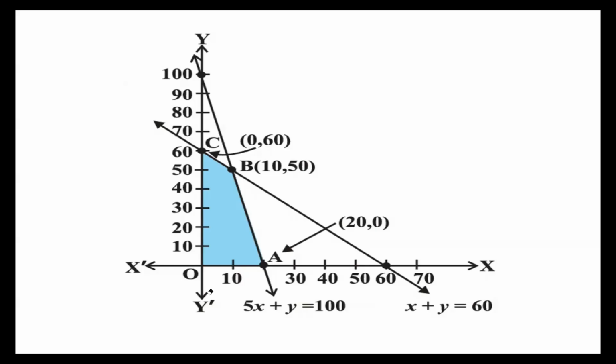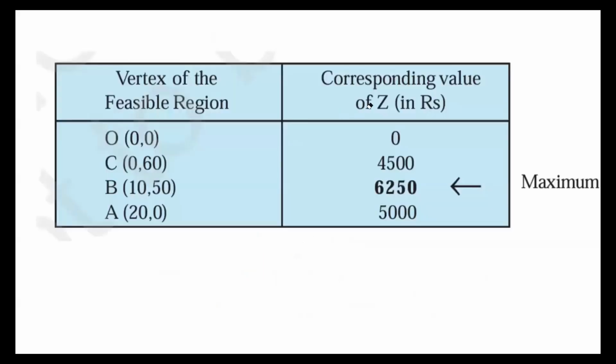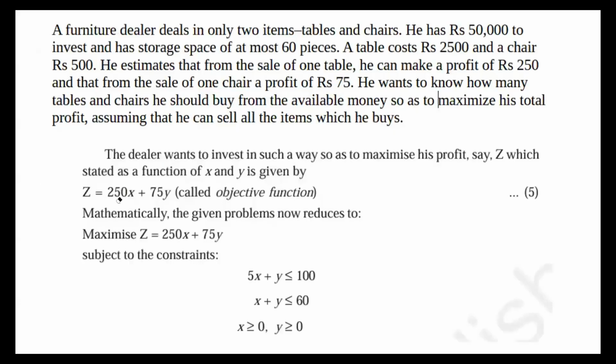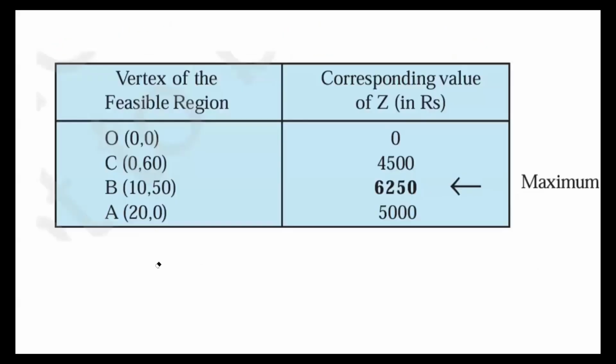And if we were to put them in the function we have to maximize, Z. Remember Z? What was Z? I might have to go back to get Z. Z is equal to 250x plus 75y.